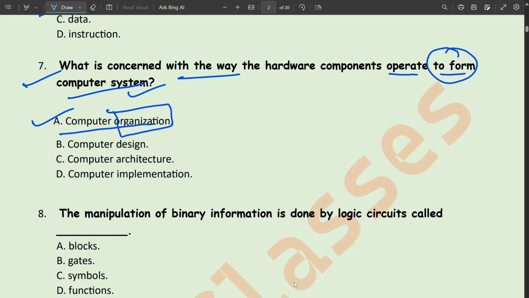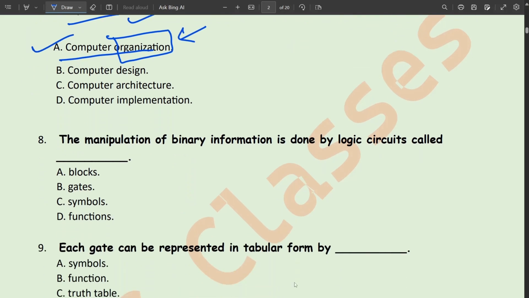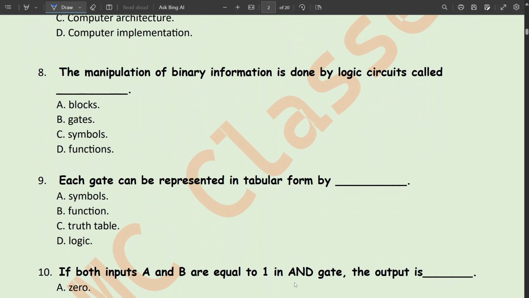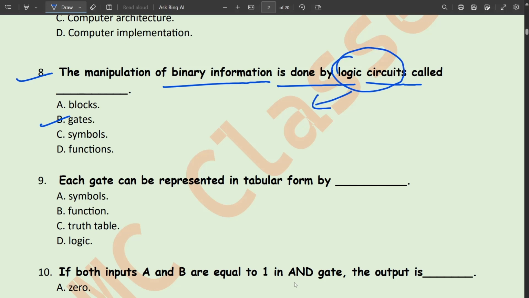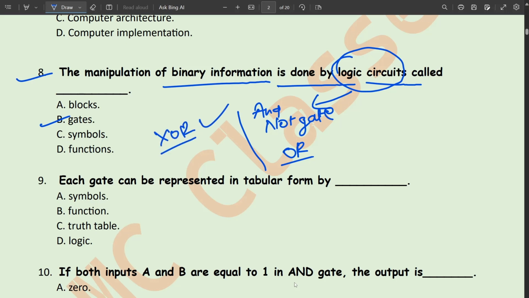Next, the manipulation of binary information is done by logic circuits called gates, just like AND gate, NOT gate, OR gate, XOR gate. So these are types of logic circuits.